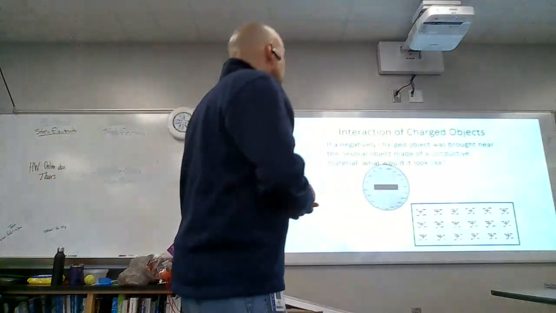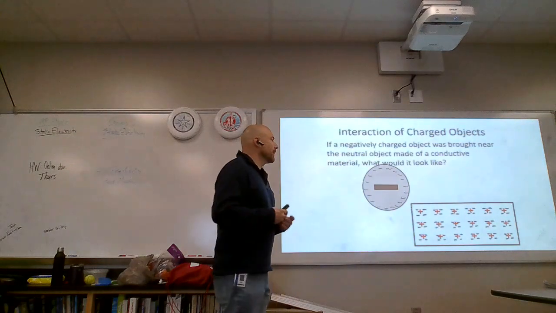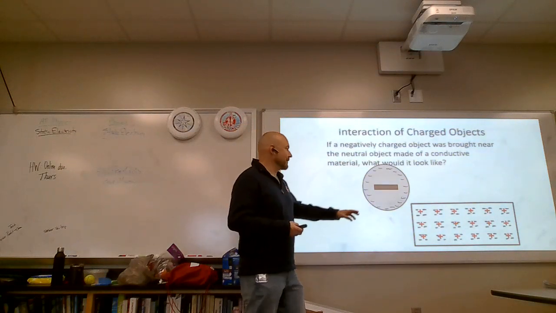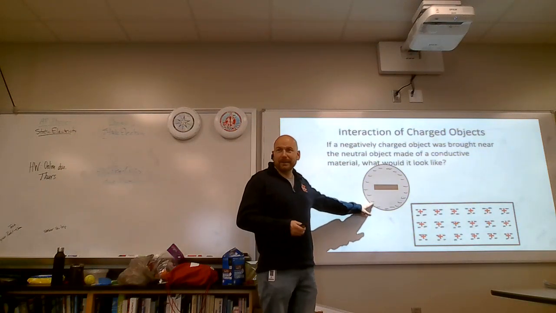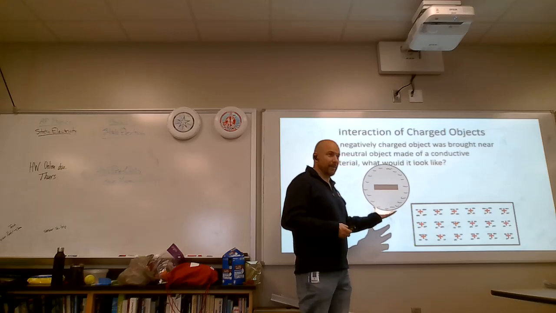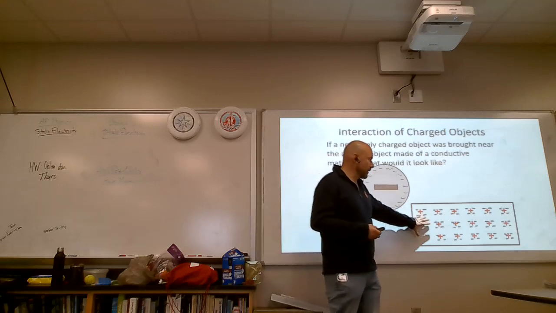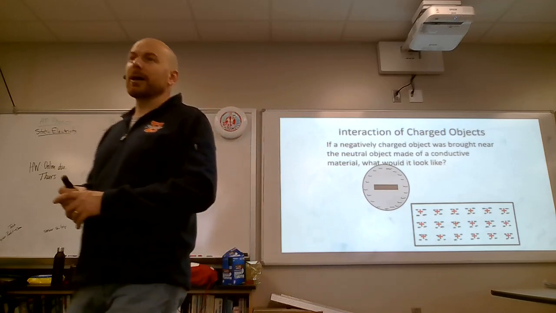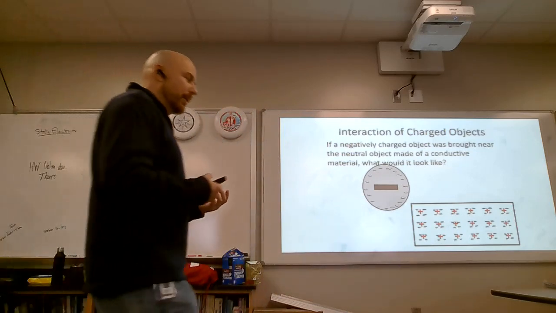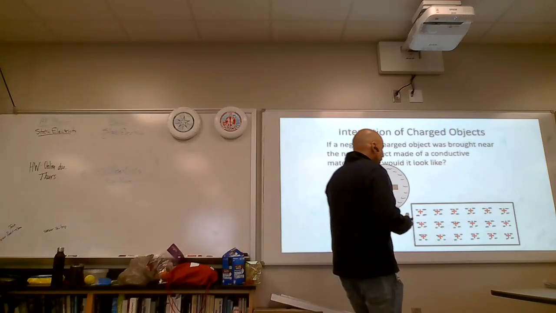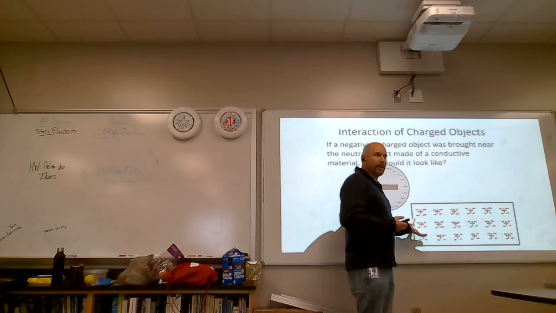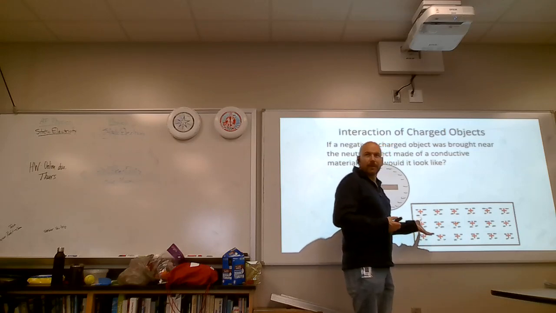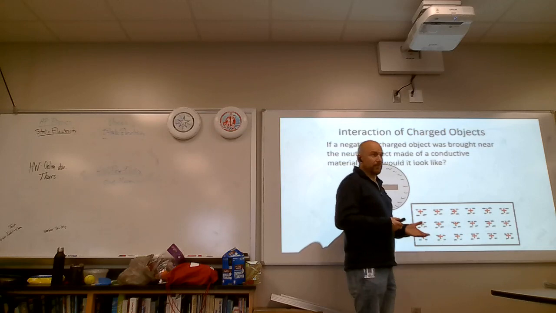So when I give this diagram, this is not an electron. This is like a negatively charged bowling ball. You can hold it in your hand. And this we're going to say is a neutral slab of conductor. Let's say it's a 45-pound plate for weightlifting, just a slab of iron.